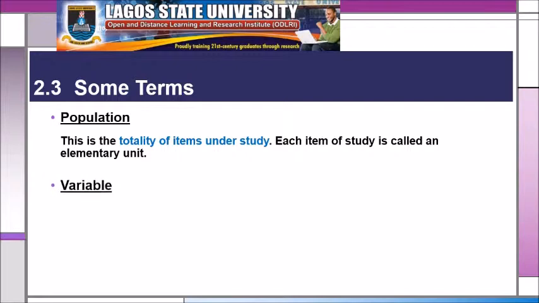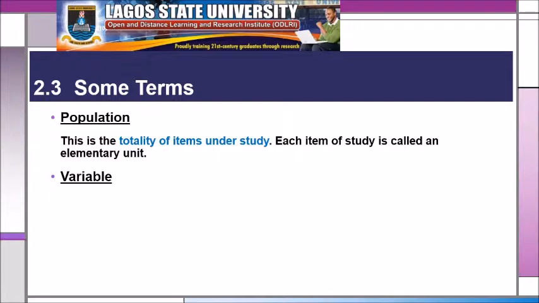So any study that you are undertaking, the units within the study constitute the population of that study. All the units constitute the population of that study.